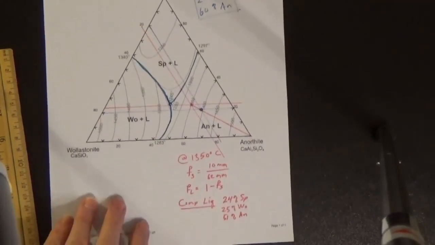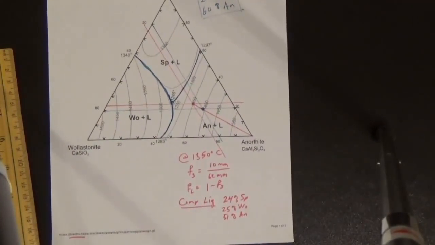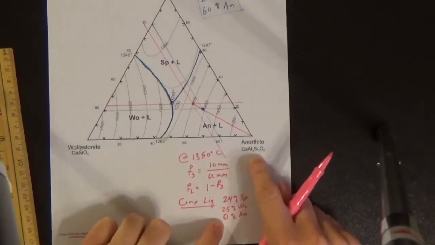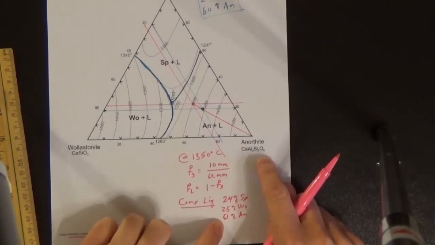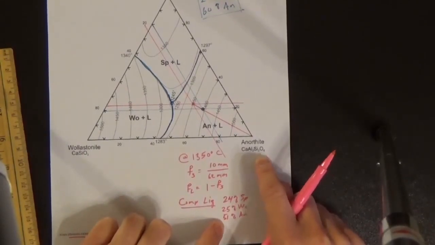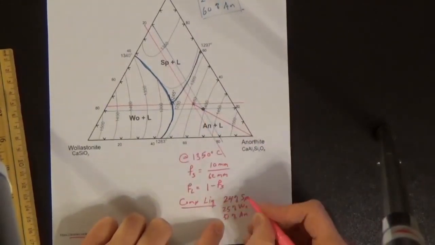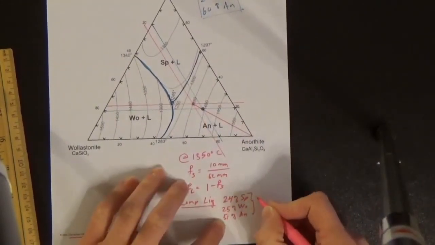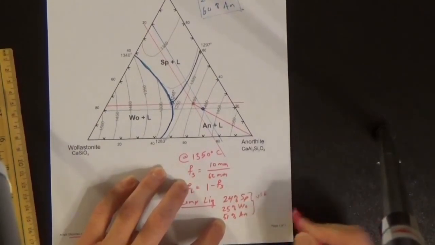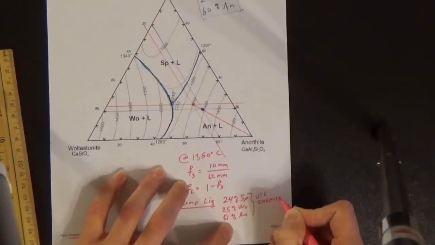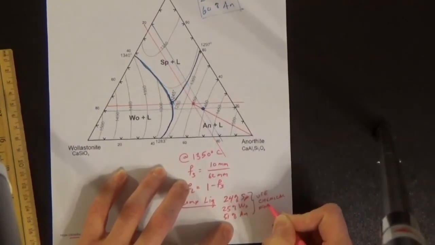And to get the exact composition of the liquid, we then say that's 51% AN, and then we have chemical formula. So we can write out what the chemical formula of the liquid is. Use chemical formula.